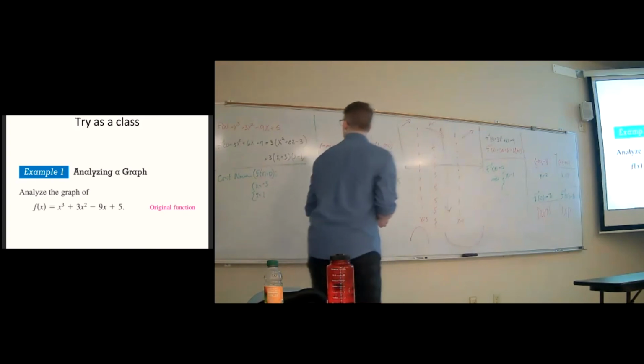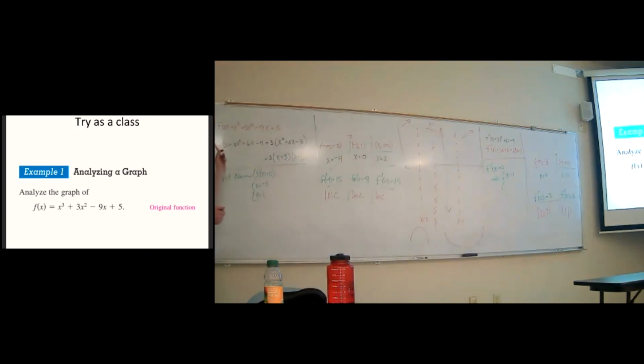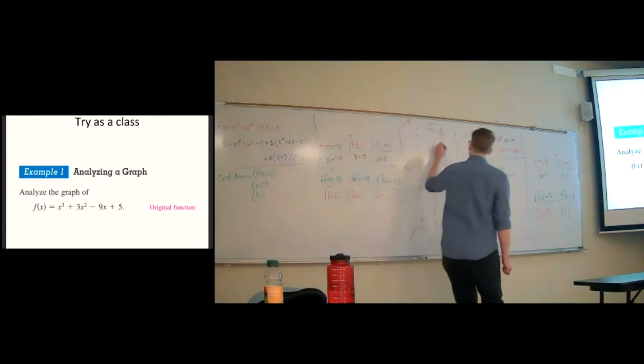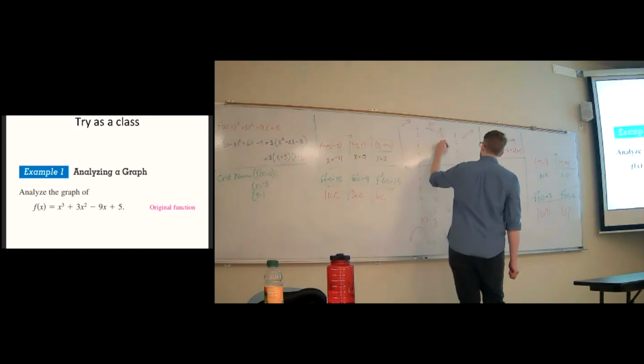Now let's come back to our original function. Are there any values that might help us plot this? I say there is. Let's put in 0 for x. We get 5 out, right? So somewhere up here, let's start at 0, 5.